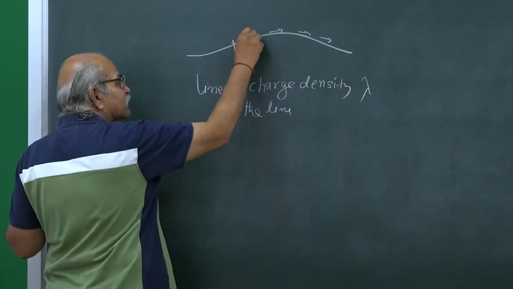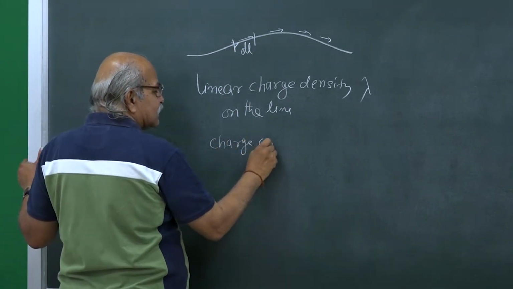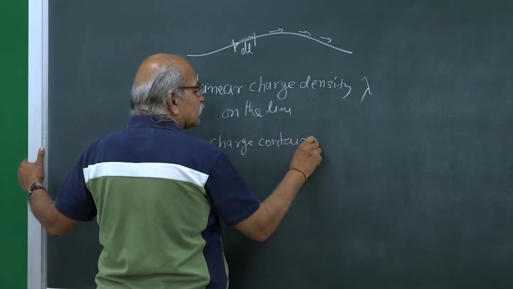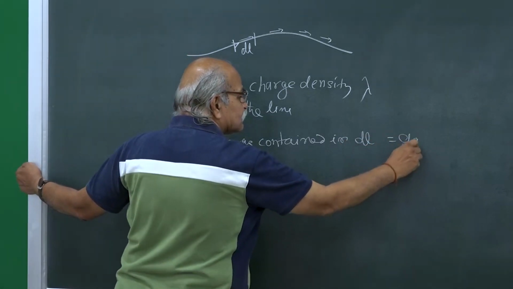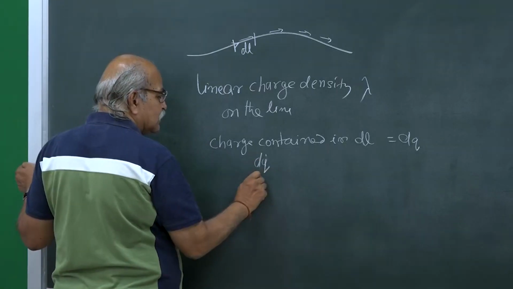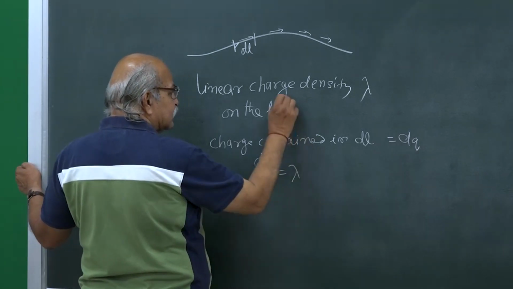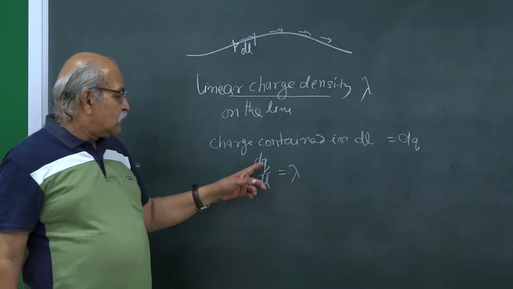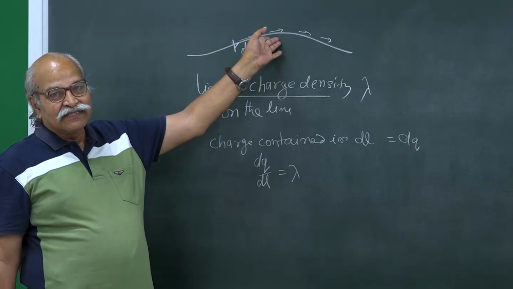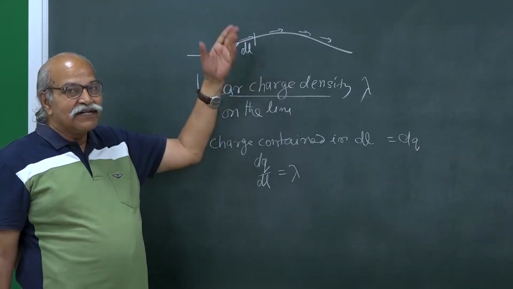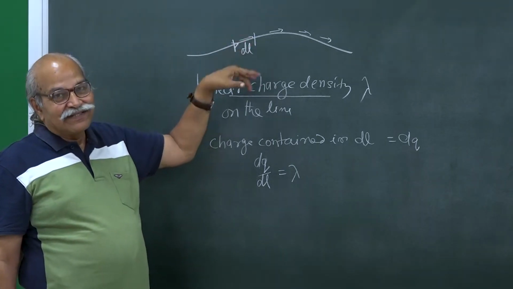If you take a length dl, then the charge contained in dl, if this is your dq, then dq by dl is known as lambda. This is your linear charge density. So, it is charge per unit length: take a length dl, see how much is the charge, divide by dl.